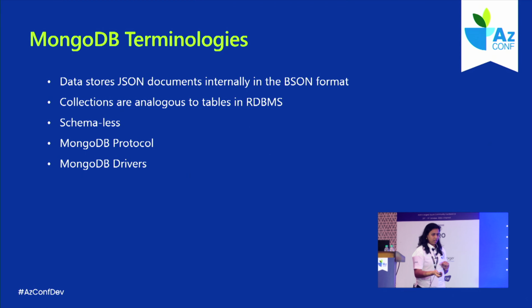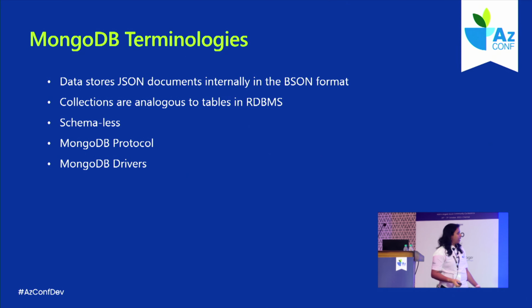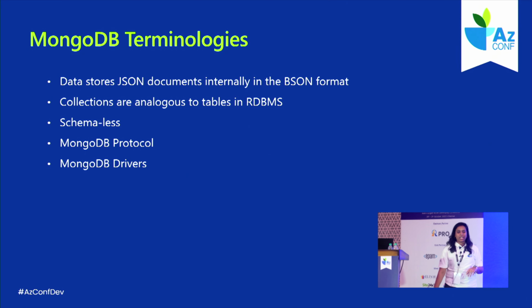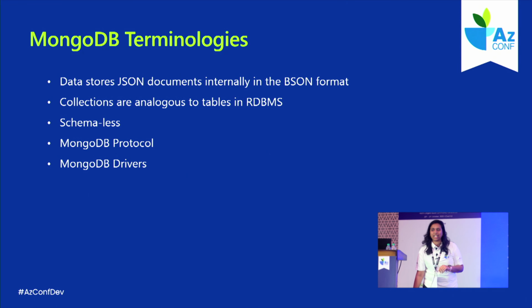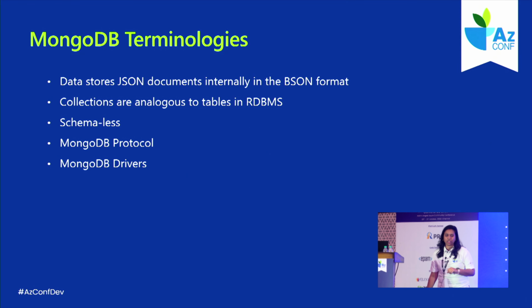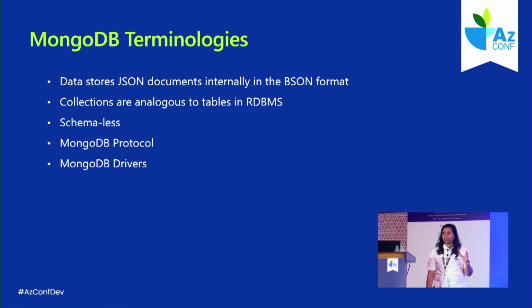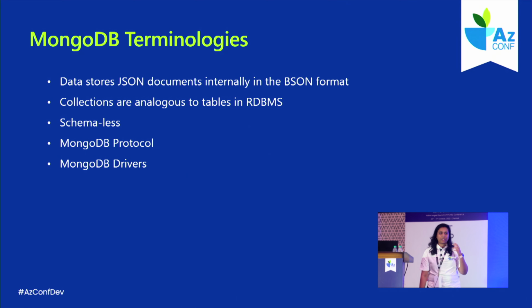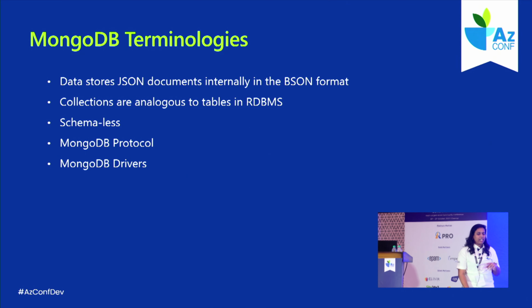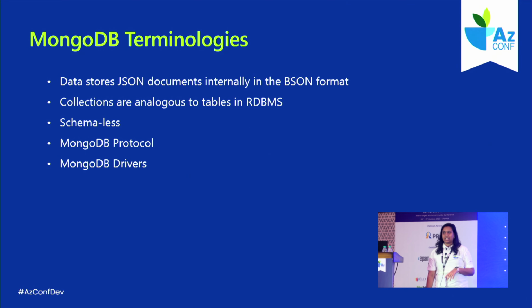Okay, so we'll get into MongoDB. Before we get into it, we need to know some terminologies, right? The first one: in SQL it is a table and we insert rows and columns. But when it comes to MongoDB, it is key-value pairs.